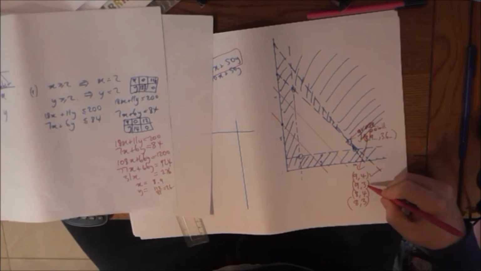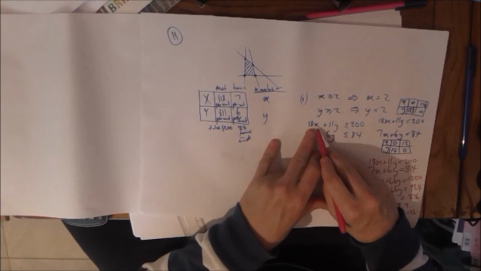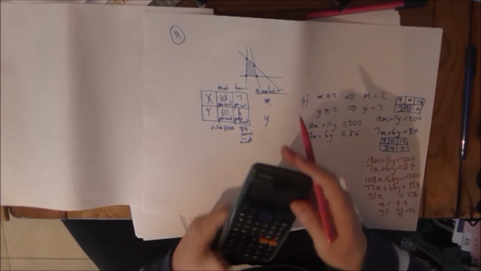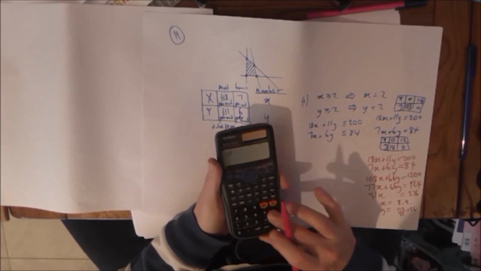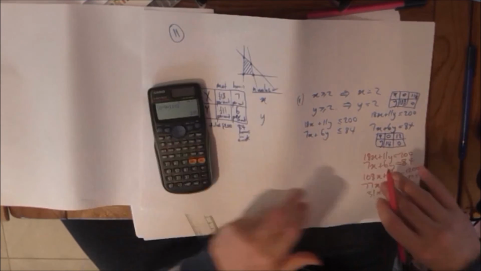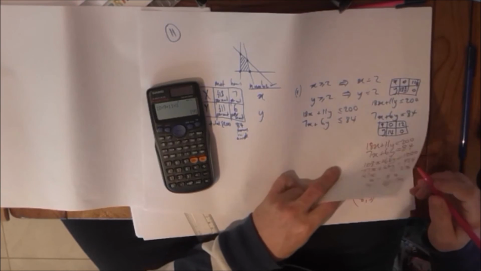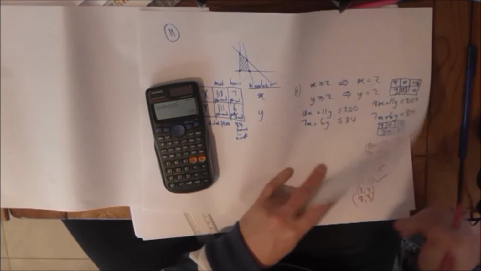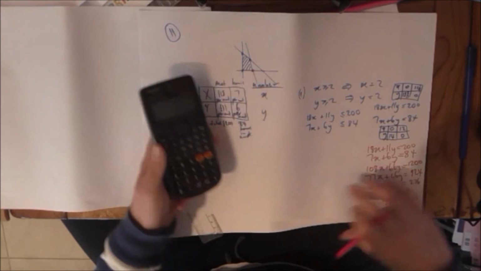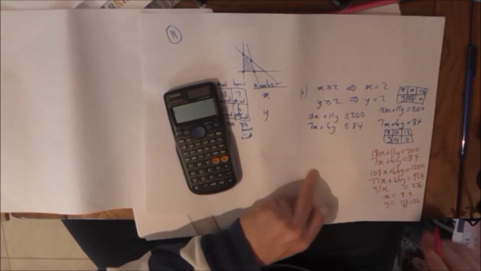You can check each of these work by substituting them into these. So 9, 3: 18 times 9 plus 11 times 3. Yes, that comes out to be less than 200, whereas that doesn't. What about 8, 4? Oh, you have to check this one as well.